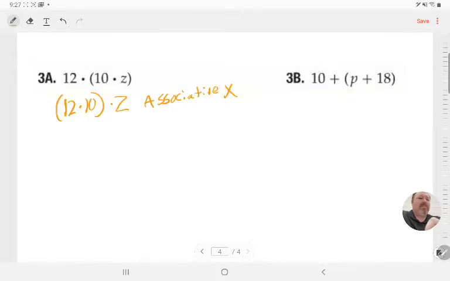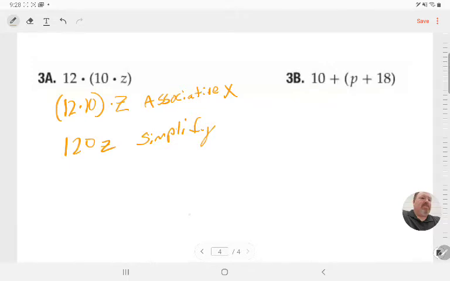And then simply we just have 12 times 10 is 120 times z. Let's do that so we know it's a z. And we could just write down simplify. Or we could also put multiply 12 times 10. Okay? All right. Let's look at 3B.